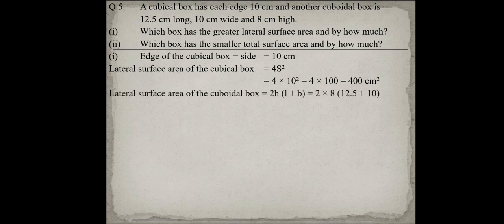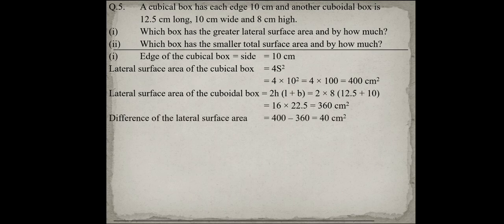Now the lateral surface area of the cuboidal box. It is 2h into L plus B, 2 into 8, close the bracket, 12.5 plus 10, equals 360 centimeter square. So the cubical box is 400 and the cuboidal box is 360. The area of the cubical box is more than the cuboidal box.